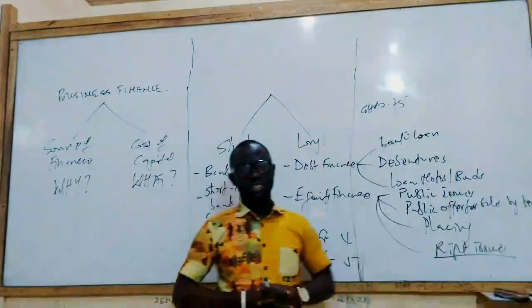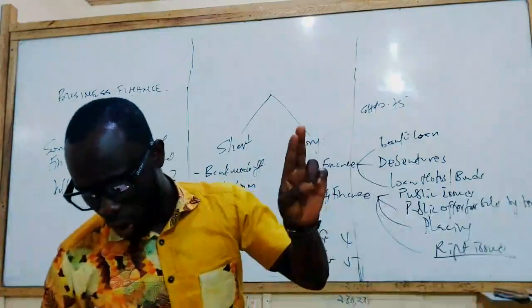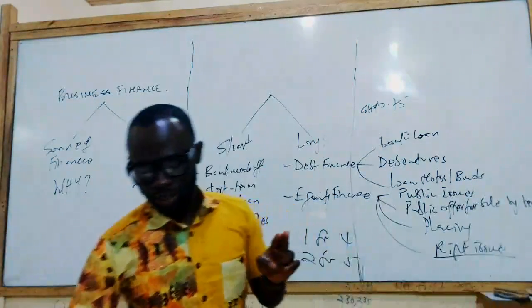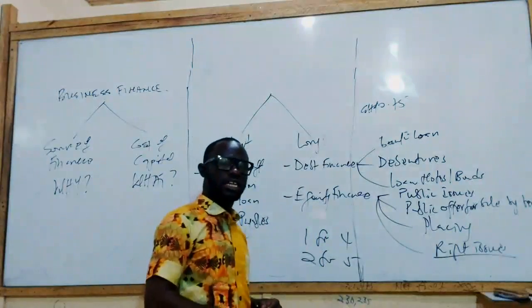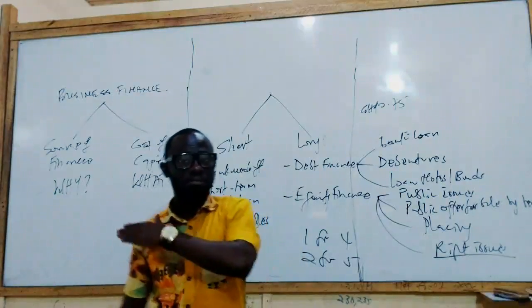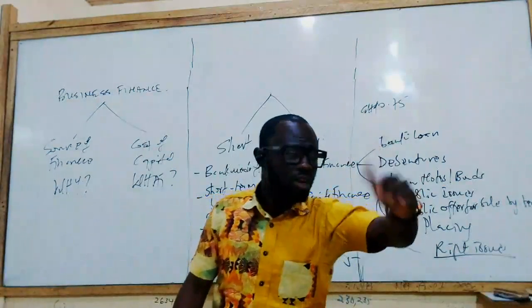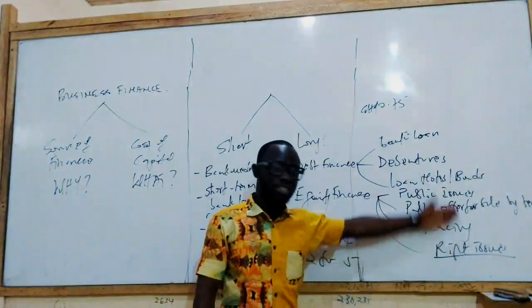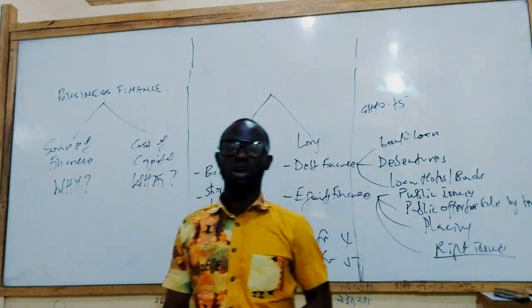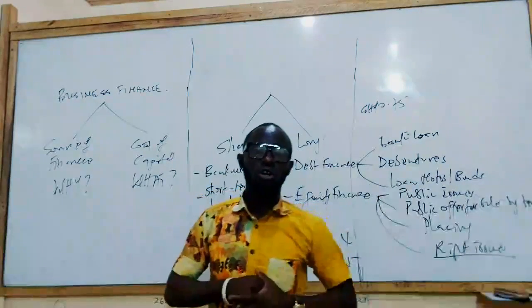What if the company is not quoted? If the company is not quoted, there are 2 options available for it. It can decide to become quoted, that is, listed on the stock exchange, so that it will now have access to each of those options. Or the second option is to remain unquoted.